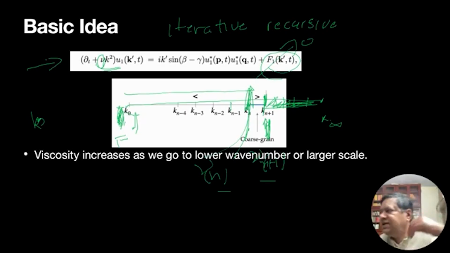Okay, so viscosity increases as you go to lower wave numbers and larger scales. So when you go to the left, lower wave number is going to the left, and we get larger viscosity, which will show that it increases with the wave number.